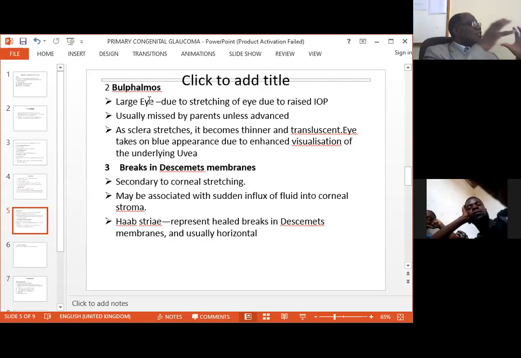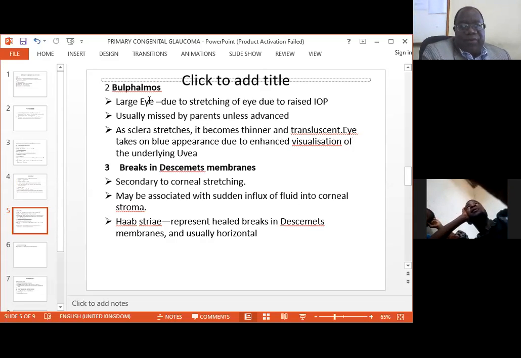This cornea is stretching because of fluid now getting in there. It's not being drained away. So the cornea gets stretched, and the eye becomes a big one. That's what they are referring to as bull thymus. When you do a cross section, there are breaks in the Descemet's membrane because of the stretching.